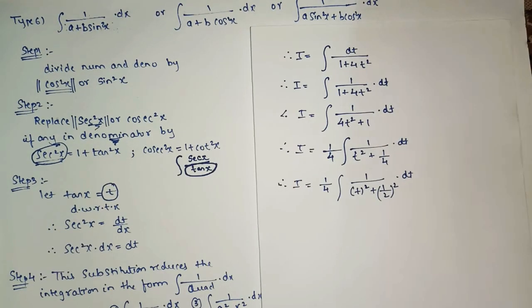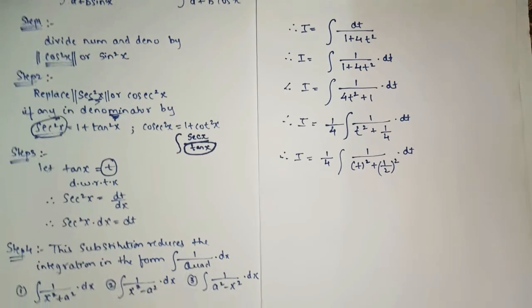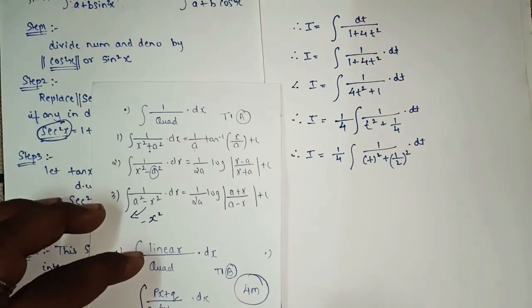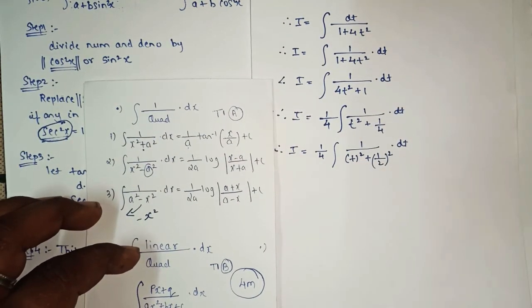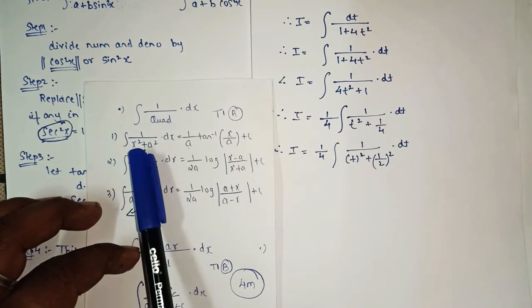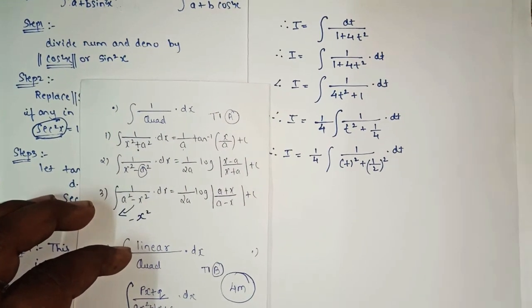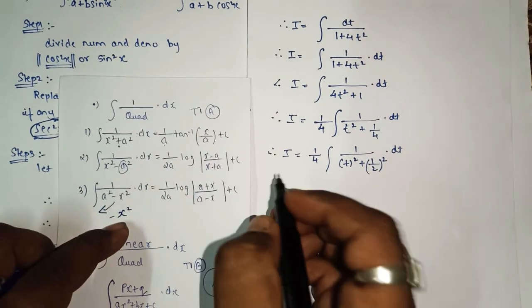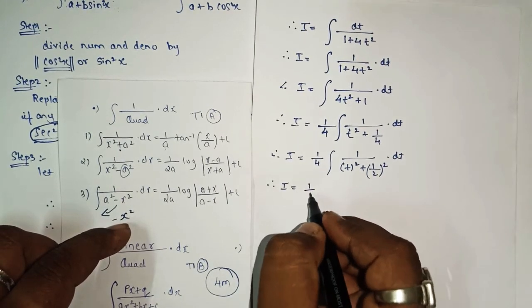Now we'll check which suitable formula we have to apply. Clearly we can see that the first section is the variable, the second is a number, and the connection is plus. So it looks like the first formula, 1 upon x square plus a square, which is 1 upon a tan inverse x upon a plus c. Integrating with respect to t, we'll keep this 1 upon 4 as it is.